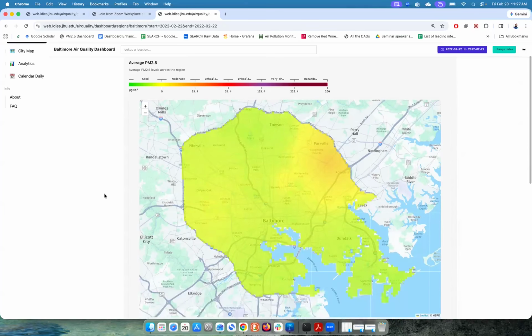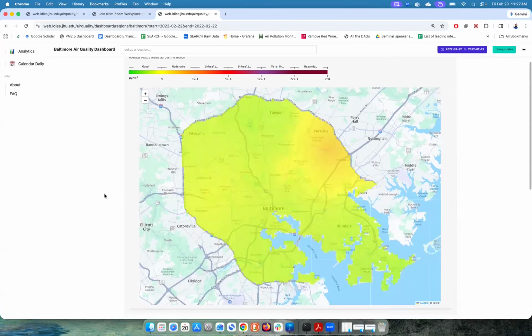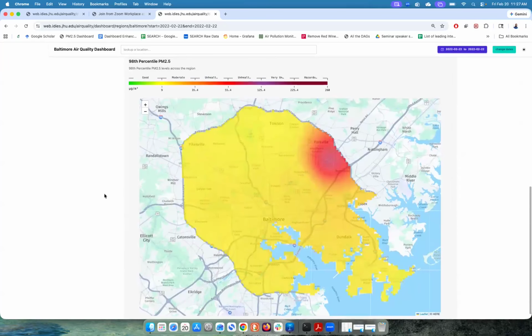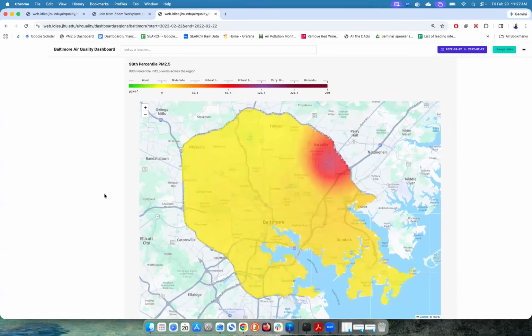Again, we don't know what happened in the northeast part of the city, but it clearly had a spike. It was not just one bad monitor; all of the monitors in the area picked up a spike for multiple pollutants. You can see a stronger version of this in the 98th percentile map, and the air quality was really bad in that part of the city.